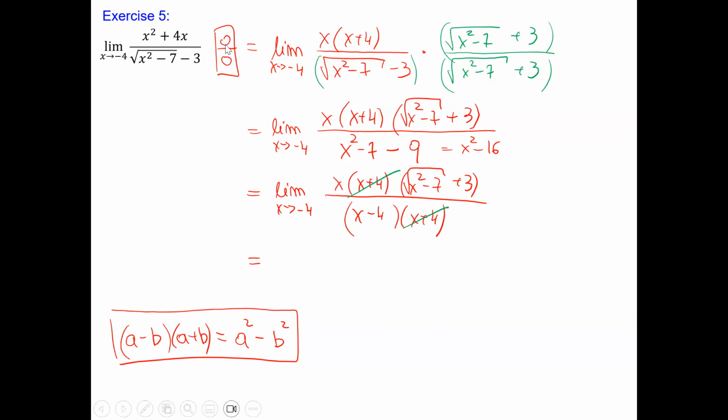That's how we cancel out that 0. The function is still not defined at -4, but I hope the limit will exist.